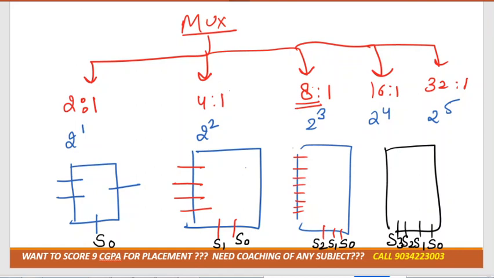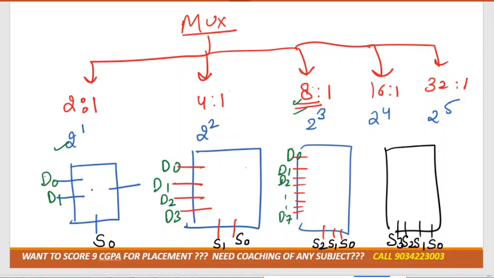Clear? In this, suppose there are two inputs, there are two data inputs. Data is denoted by D0, D1, then D0, D1, D2 and D3, similarly for 8 inputs, D0, D1, up to D7.